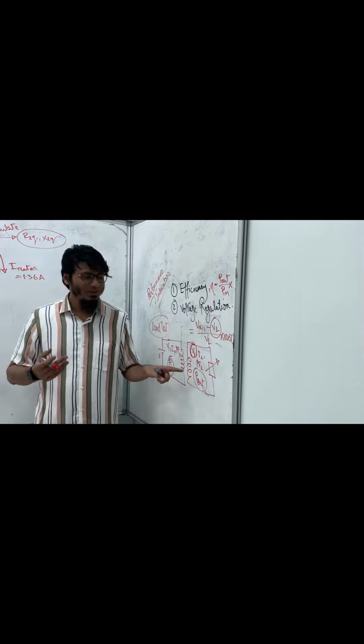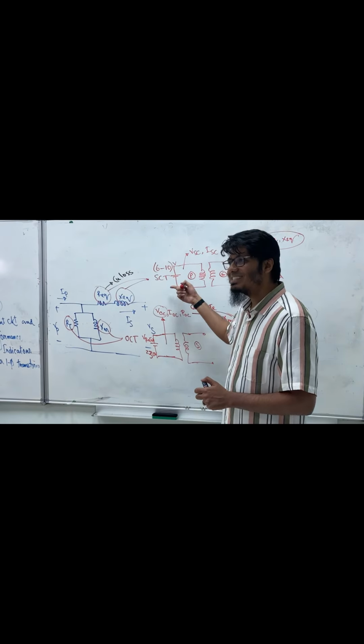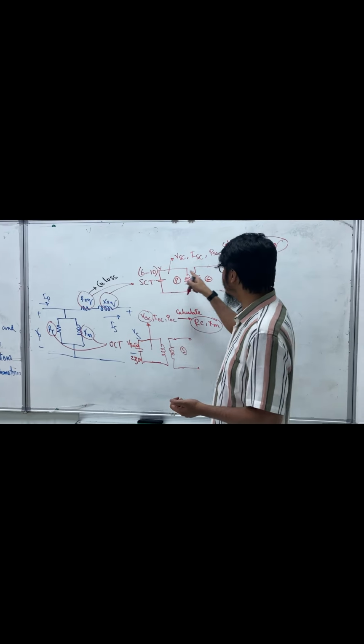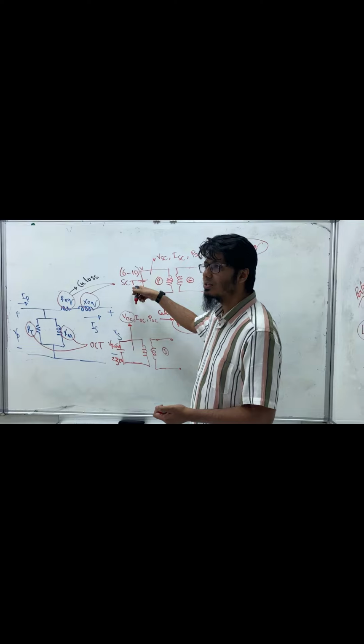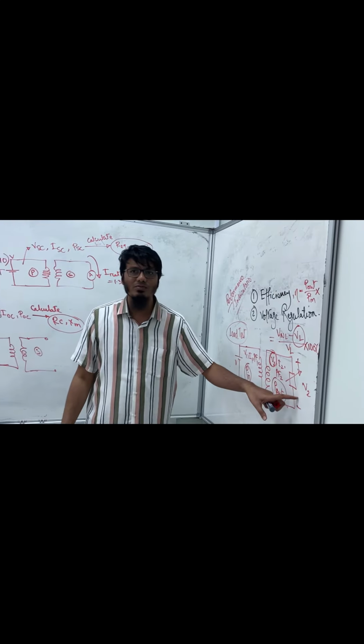V2 is here, so that means your secondary side voltage. And on this secondary side you have a load. So because you have a load, this is your load voltage. It's written VL, load voltage. Now you're saying 6 to 10 volt. Is this the load voltage? It's never a load voltage, right? And here you are making it short circuit, so it's not the load voltage. So the load voltage is this one, which is V2, right?